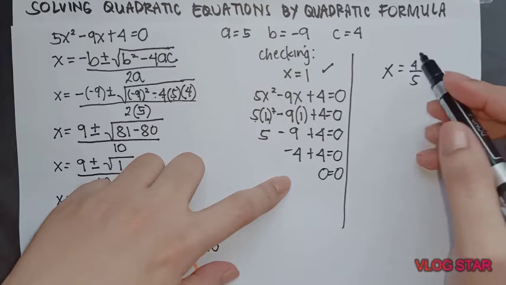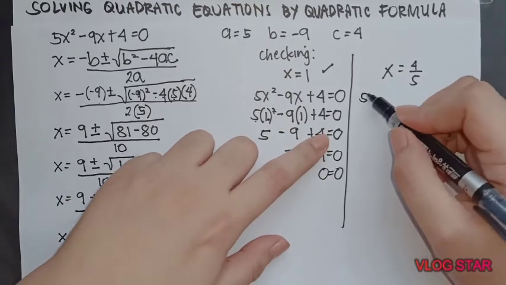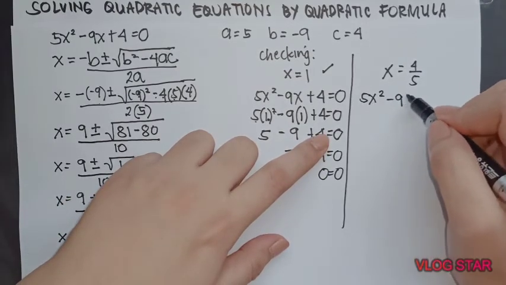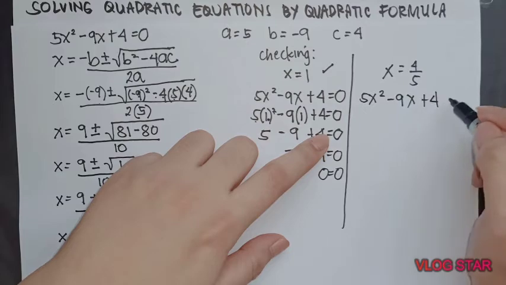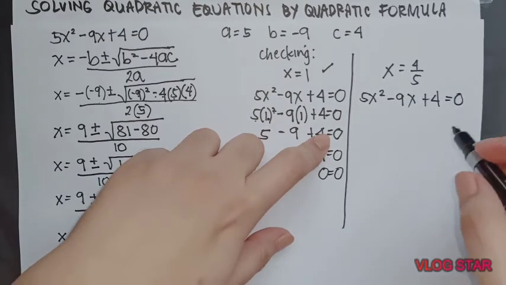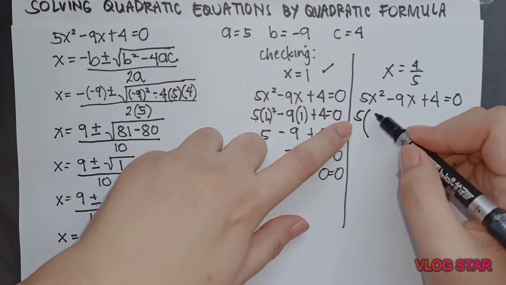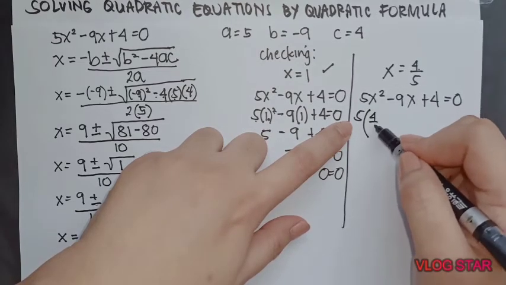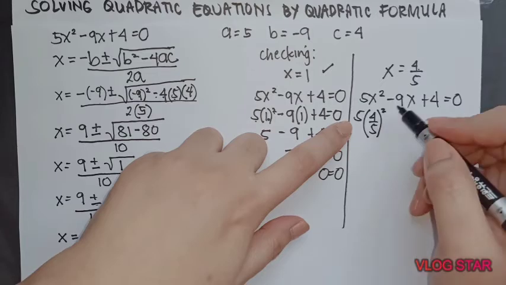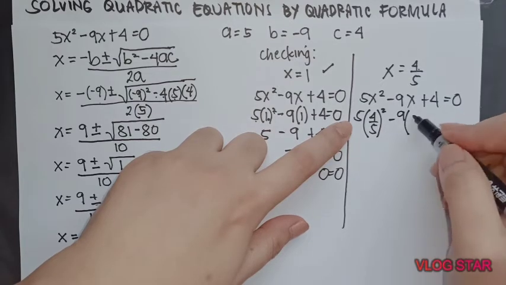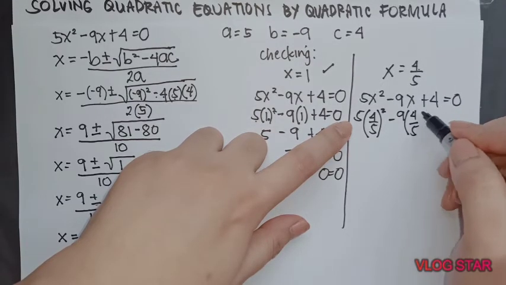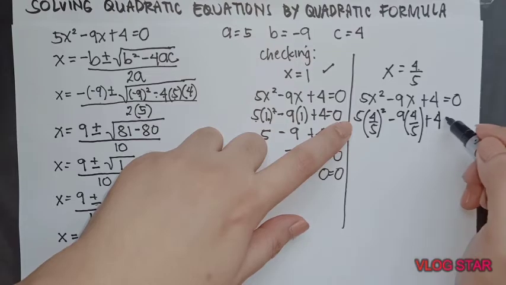Now let us have x equals 4/5. Again, we have 5x squared minus 9x plus 4 equals 0. Substitute 4/5 to x. So we're going to have 5 times 4 over 5, and the square of that, minus 9 times 4 over 5, copy plus 4.